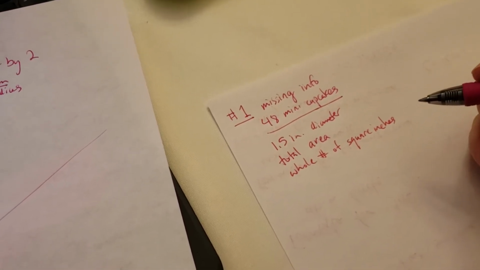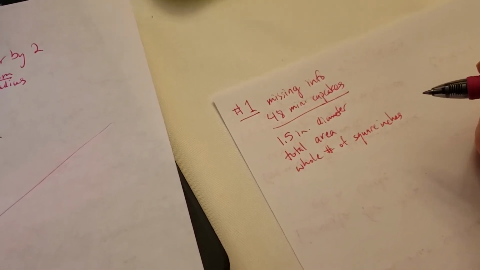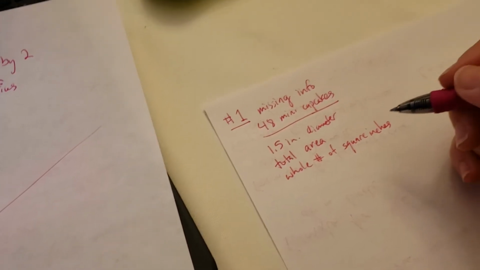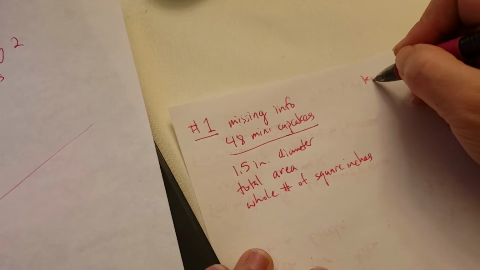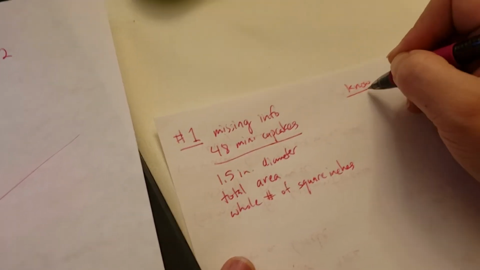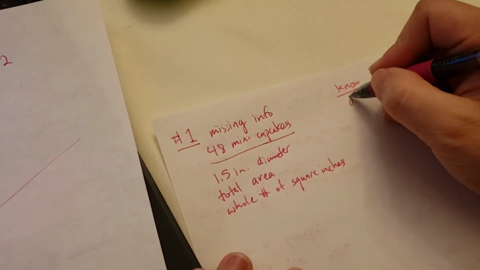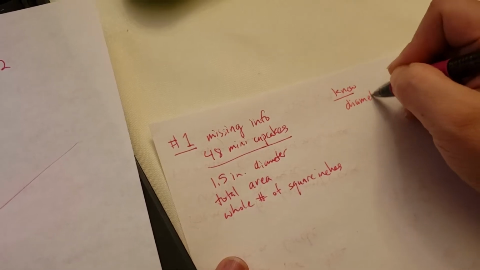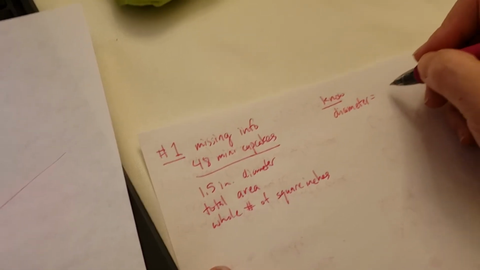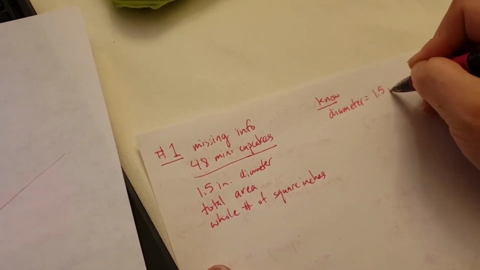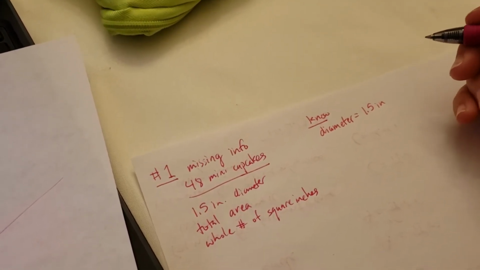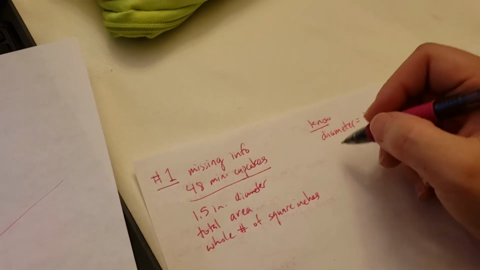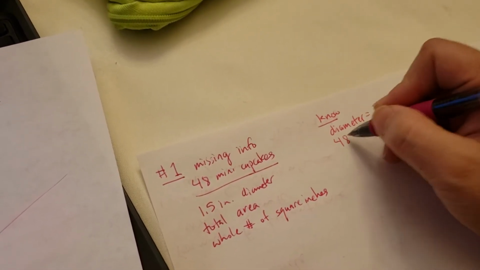And because there's so much that it's asking you for, there's about 4 big steps to do in this problem. So like I try to tell the kids, let's break it down to what we know. What we know, first of all, is a diameter. It equals 1.5 inches. And we know it's the diameter because it says the word diameter in the problem. We don't have to think about a picture or anything like that. We know that we have 48 cupcakes.